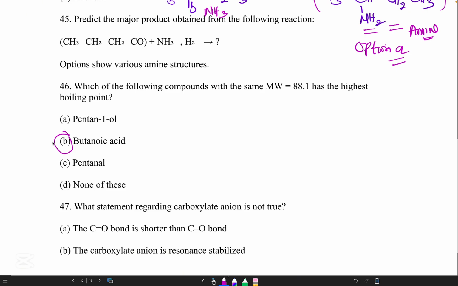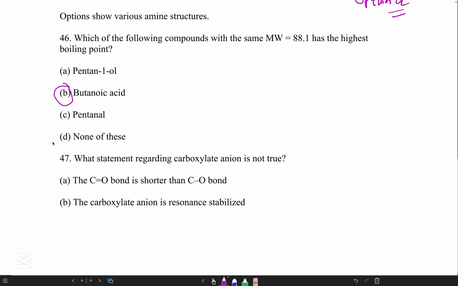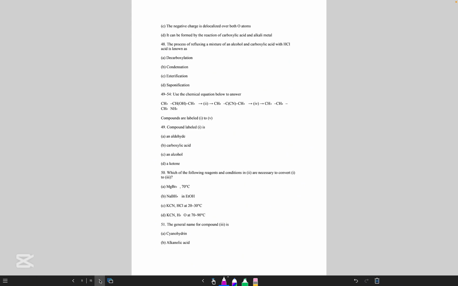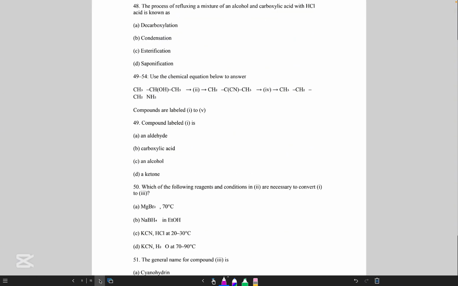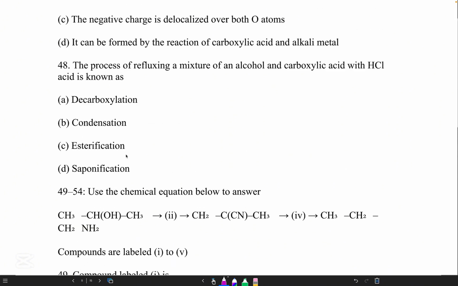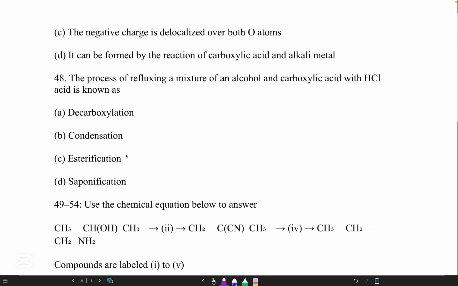Now, what statement regarding the carboxylate ion is not true? The CO bond is shorter than the C double bond O bond. That is true. The carboxylate anion is resonance stabilized. That is true. Then the next one: the negative charge is localized over both oxygen atoms. That is true.